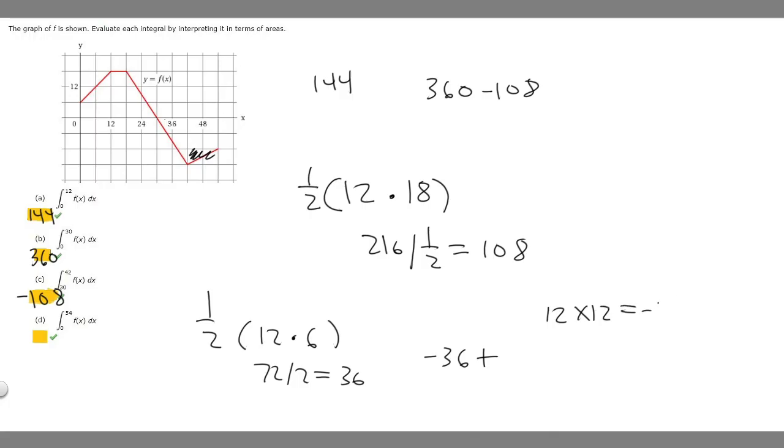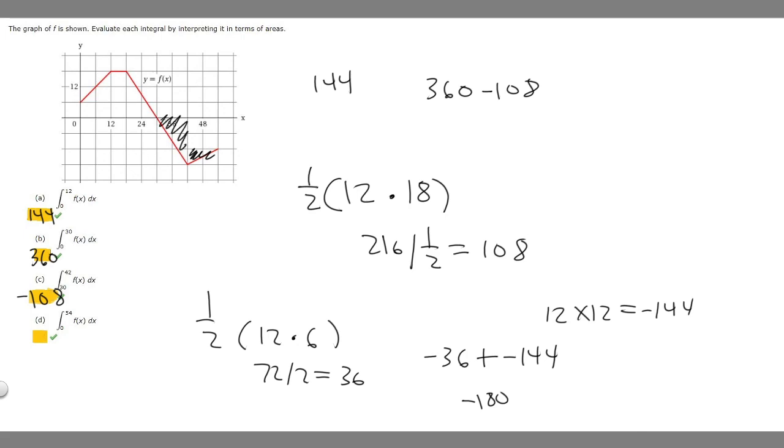So let's add these together, but it's minus because it's below the x-axis. So minus 36 minus 144 is going to be minus 180. So we want to add that back here, because we're adding them all together. We've already got this part, which is 360.